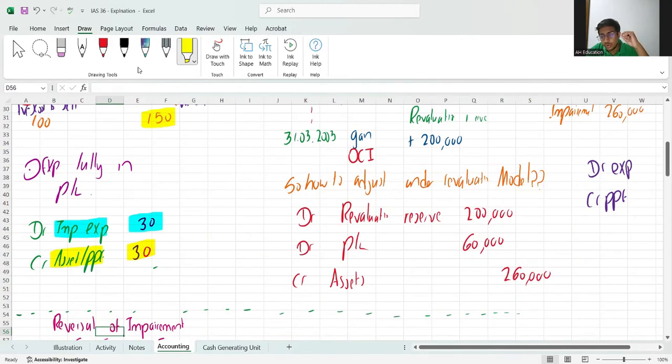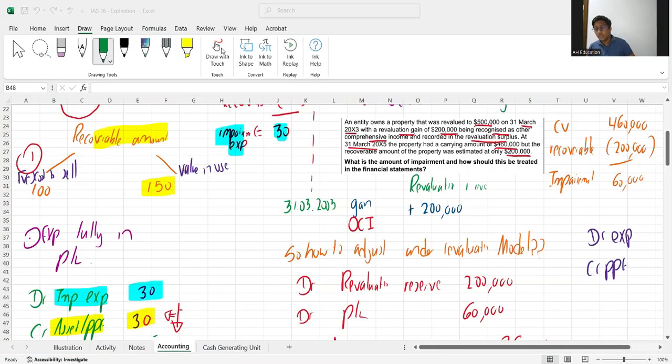Therefore, you need to reduce your asset from 180 to 150 to bring it back to its actual market value. That is the reason you credit your property, plant, and equipment.